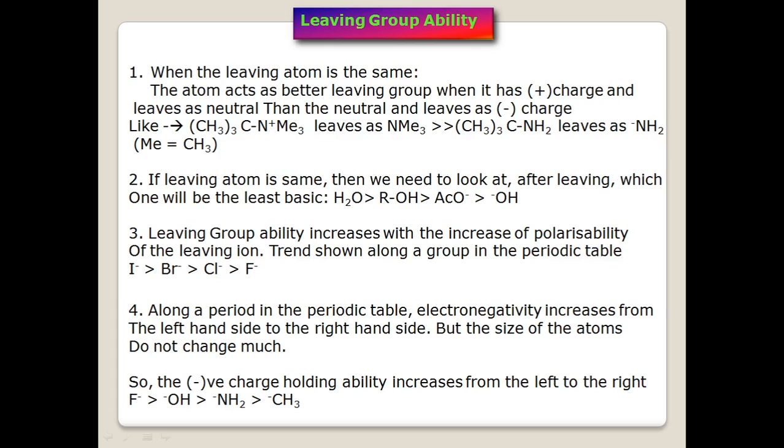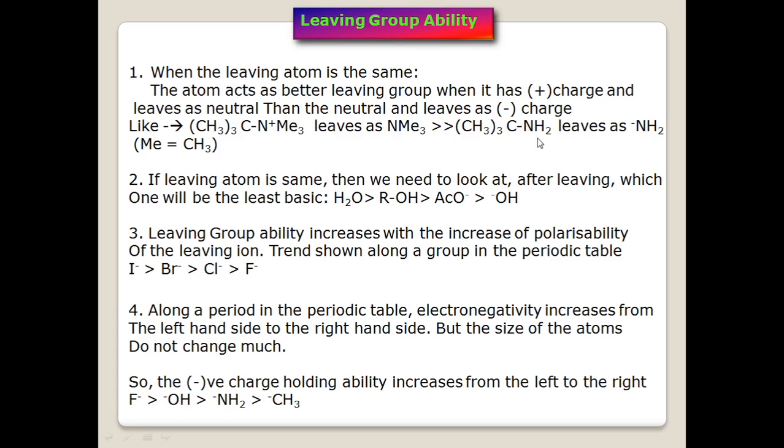Now, while talking about the leaving group ability, there are a few conditions I have given. Suppose in the first condition I talked about the leaving group attached to a substrate having a formal positive charge over it. Once it takes the bond pair of electrons, it will become neutralized, and this event itself will facilitate the leaving group to leave the substrate.